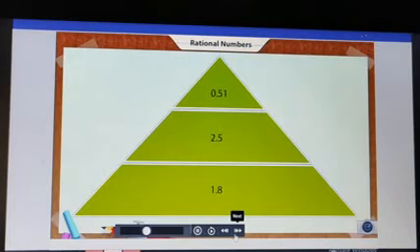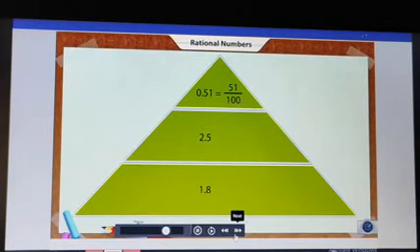Given here are a set of decimal numbers: 0.51, 2.5, 1.8. 0.51 can be converted to its fractional form, that is 51 by 100.